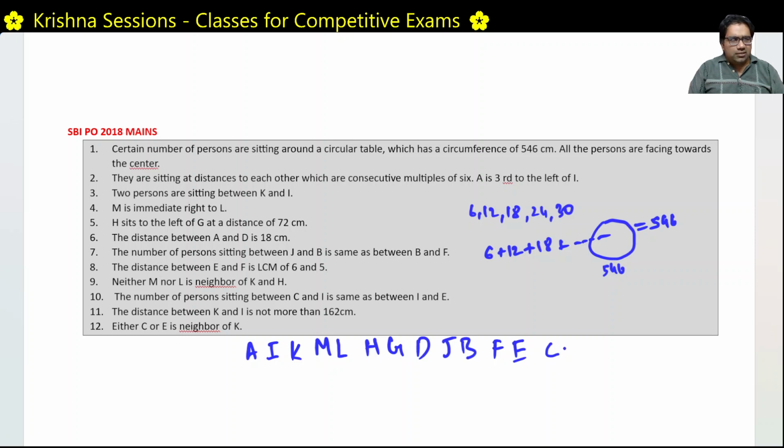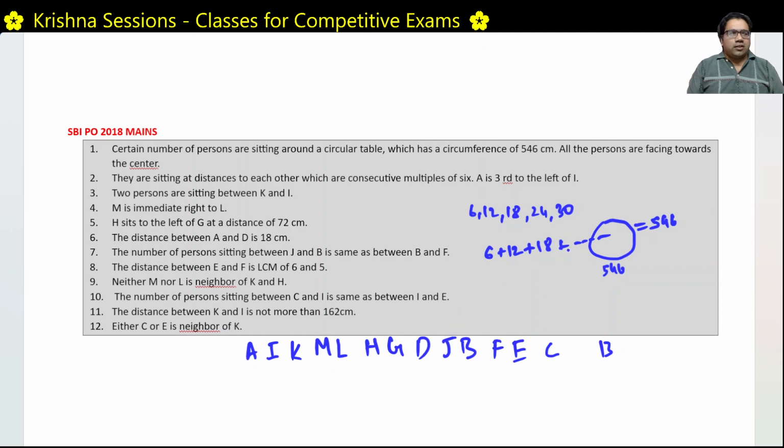K and I, condition number 11, that also we have taken. Condition number 12, C, E, K, this also we have taken. So how many we have got? 1, 2, 3, 4, 5, 6, 7, 8, 9, 10, 11, 12, 13. So 13 he has given.